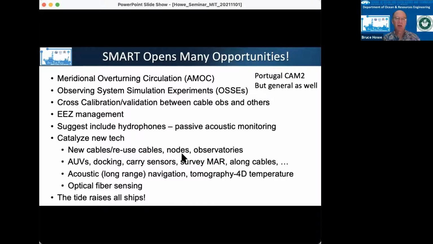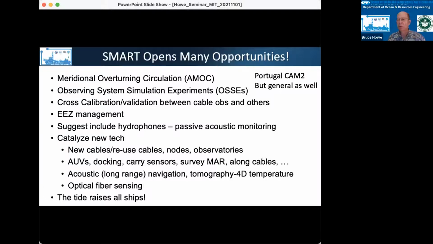Just coming to a close on the smart cable part, I want to emphasize that there's sort of two aspects, and I've used Portugal here to some extent as an example. First of all, scientifically, it'll contribute to understanding marine overturning circulation, large scale circulation of the ocean.